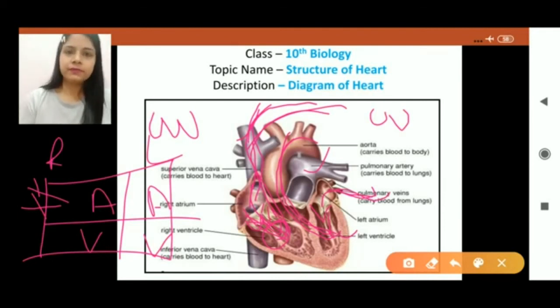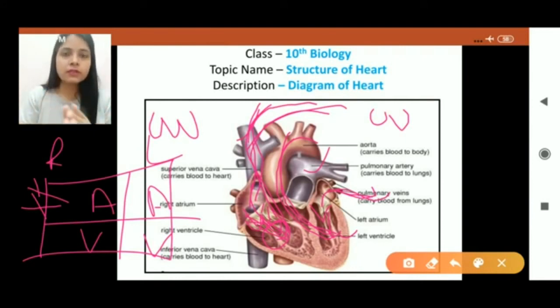Revise again. The very first, vena cava receives deoxygenated blood from the whole body and passes it to the right atrium. Now the right atrium receives this deoxygenated blood and contracts, and at the same time the ventricle expands. So this blood moves by the tricuspid valve to the ventricle.